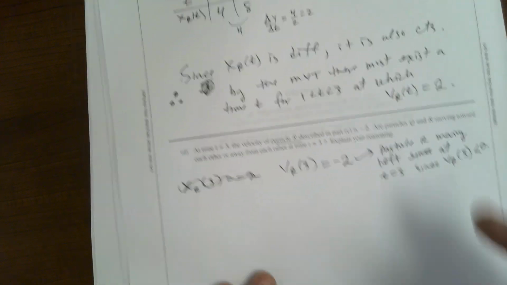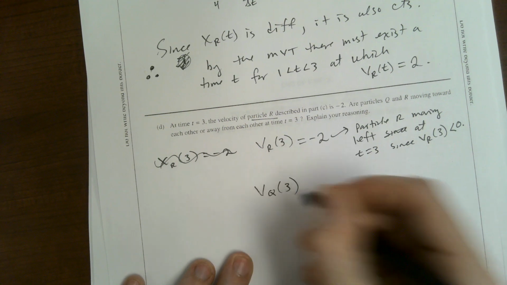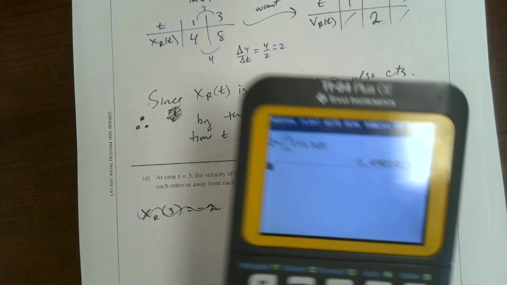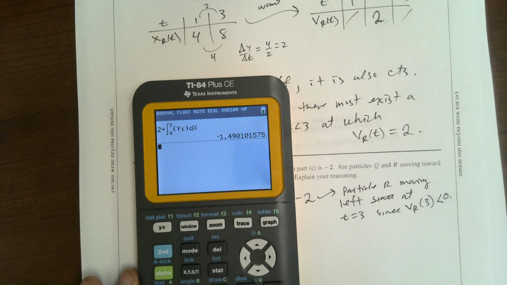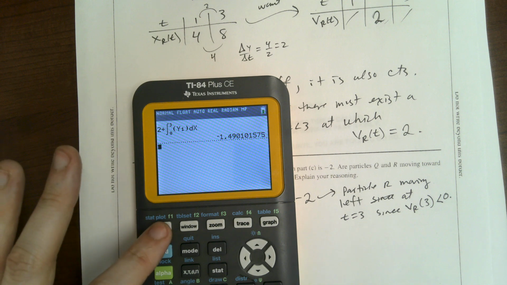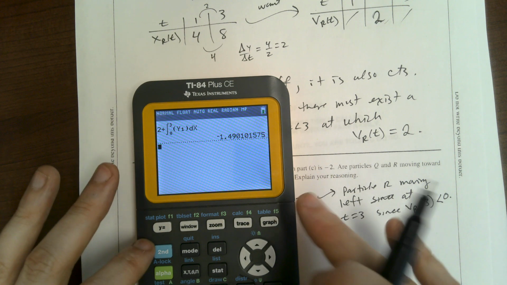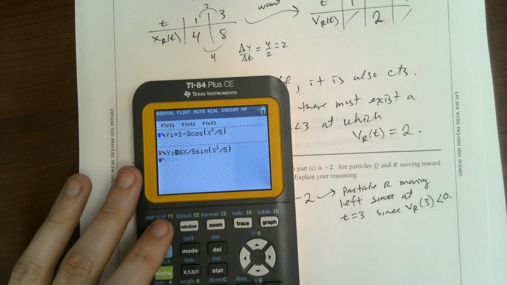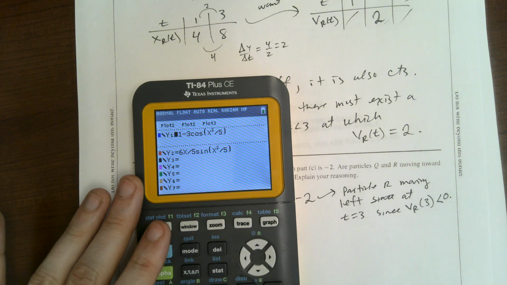So I'll find that now too. So v sub q, if I go back to the beginning of my problem, I have it labeled as y1. So that's v sub q. So I could actually get to it from the graph. All right, so that's y1, I believe. No, that's acceleration.